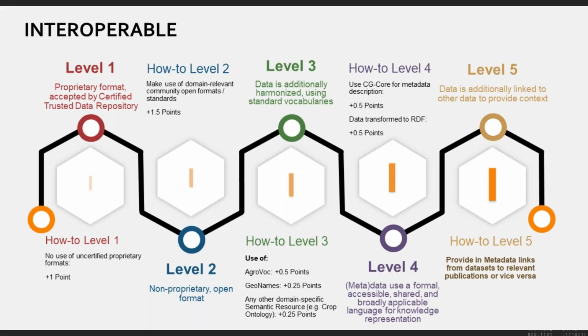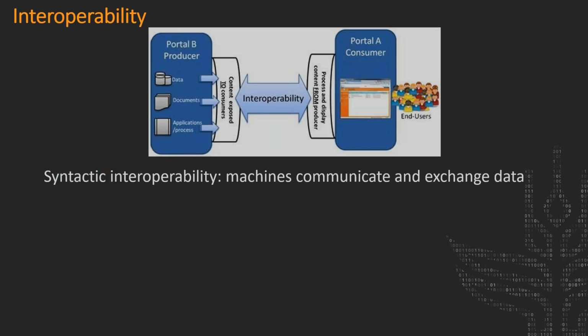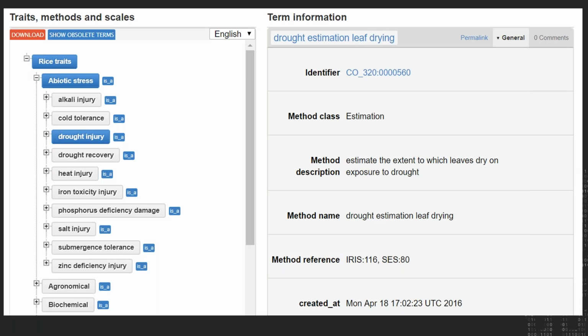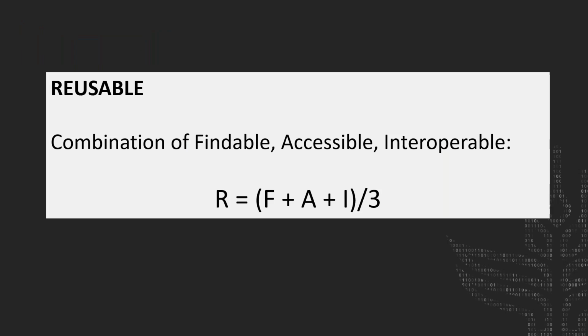So you get more points if you use certain vocabularies in a particular domain, but you get even more points if you use ontologies, because they allow you to do more. They allow the machines to do more, essentially. So you can leverage the power of machine learning and artificial intelligence.